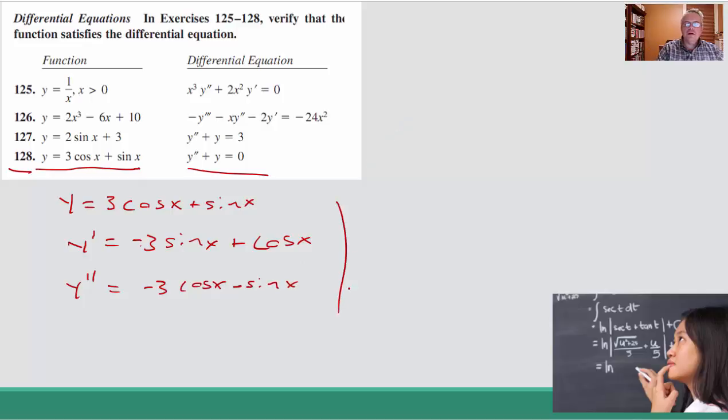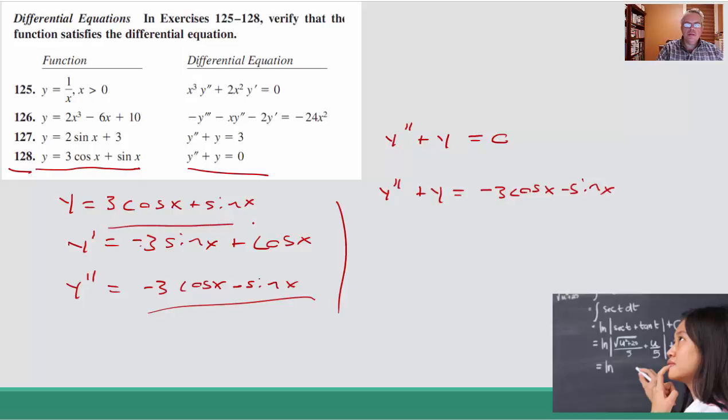Now, let's go over here. We're supposed to show that y double prime plus y equals 0. So y double prime plus y would equal negative 3 cosine x minus sine of x. I just substituted what we have here. Plus y, okay, we're going to put in that.